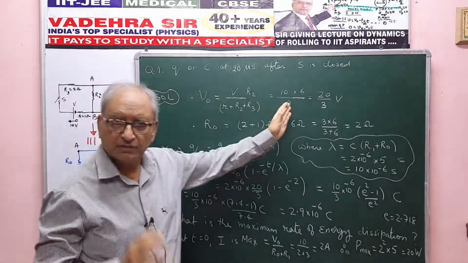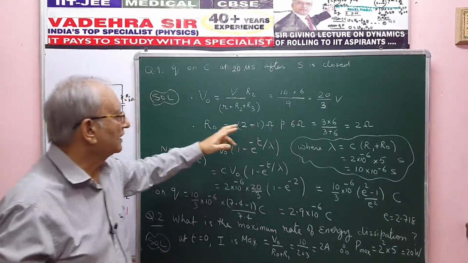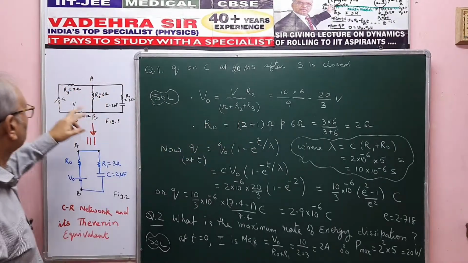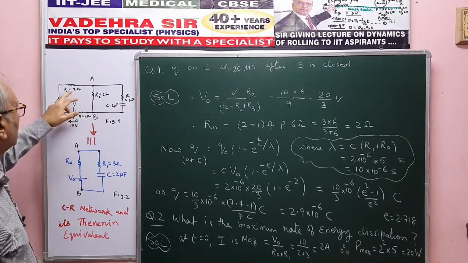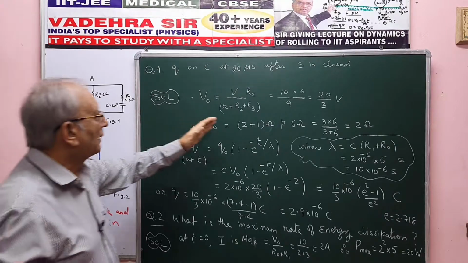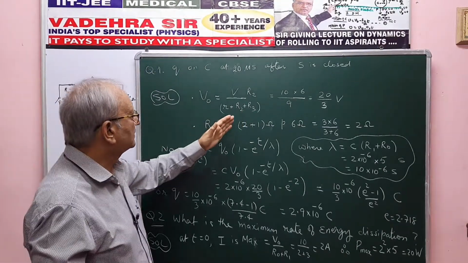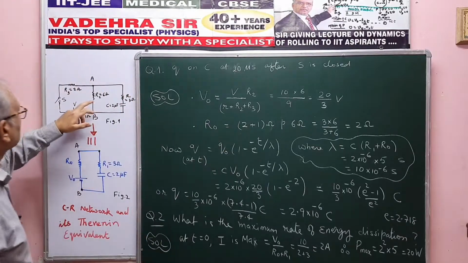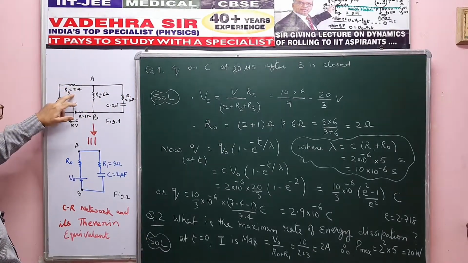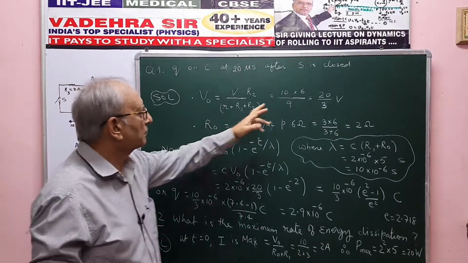I put in the values given to you. Small r is 1 ohm, R2 is 6 ohm and R3 is 2 ohm. So 3 plus 2, 5 plus 1, 6. 6 plus 2, 8 and 1, 9.